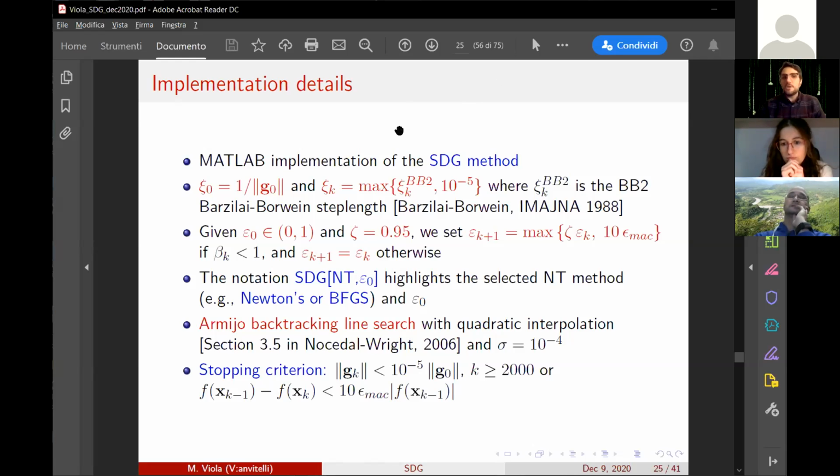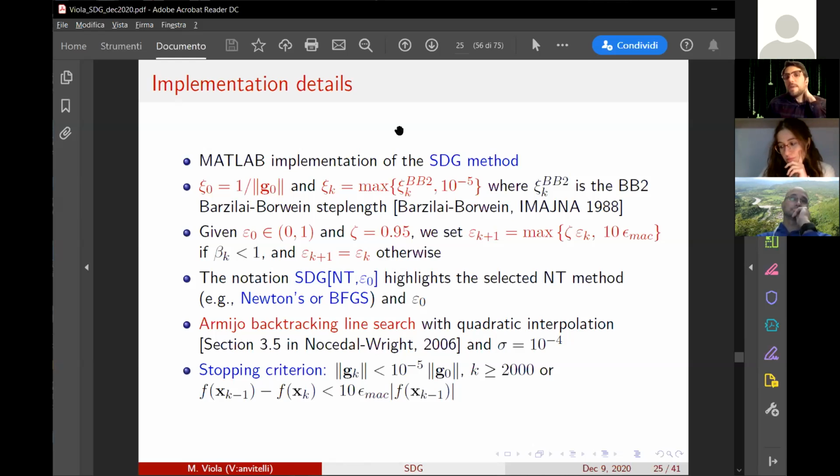Everything which scales with 1 over omega, as in the example before, is fine. Lately the Barzilai-Borwein step lengths have been used extensively in many fields because they are proving to be very effective. So our idea was, let's try to use them also in this way.